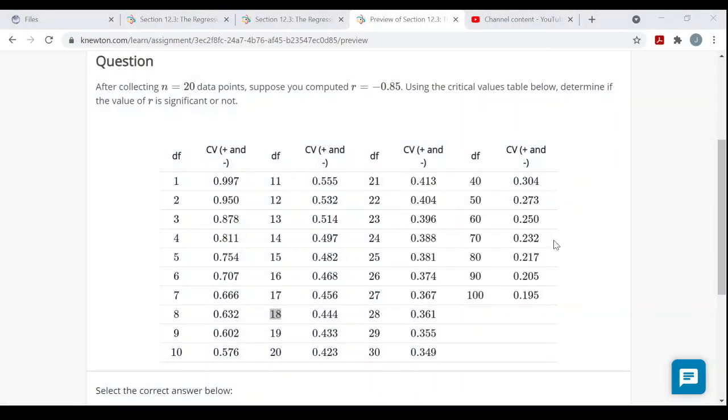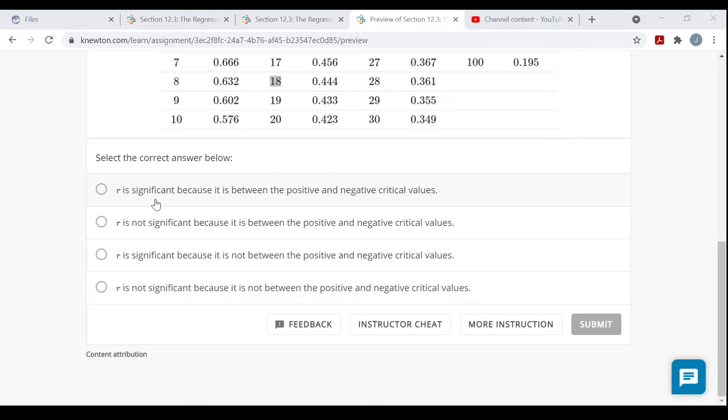Going back here, looking at the options: R is significant because it's between the critical values? No. It's significant because it's not between those critical values. It's outside. It's far enough away from 0 to where we can say with reasonable certainty that x and y have some sort of linear relationship.